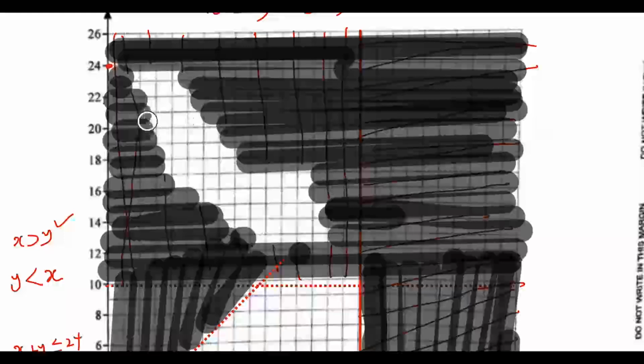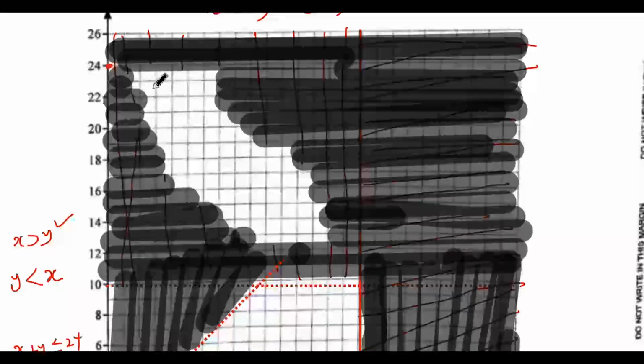Let's open this. So this will be the first one here. Let's remove this. Okay, good. So this is 24, the intercept on the y-axis. You fall down once, it will be here, then you move forward once. So this will be another point. Fall down once, move forward once.